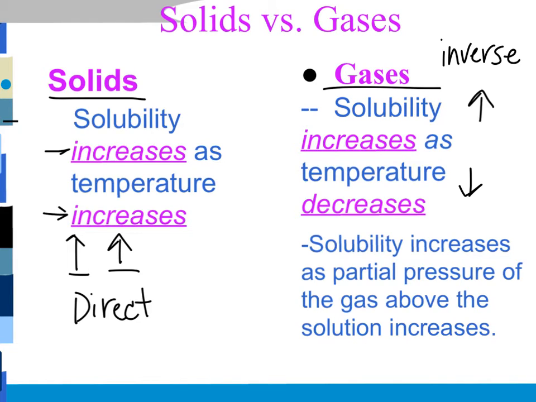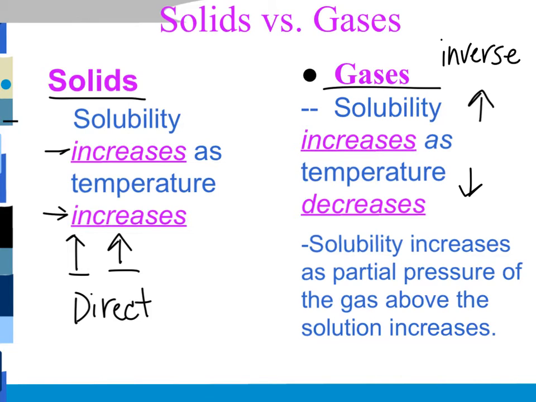The example I like to give for gases is soda. Think of soda. Soda contains carbonation or CO2 gas. So in order to get that gas to dissolve, we typically will stick our sodas into the refrigerator, where it's colder, because the gases are more soluble in colder temperatures.